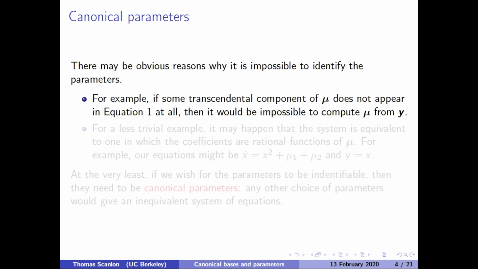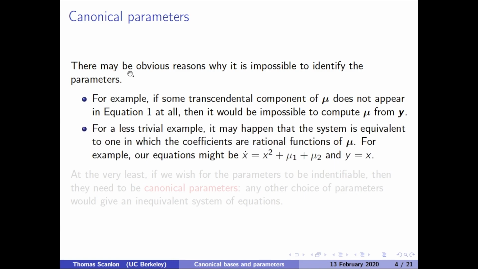But you could take the stupid reason and hide it. And one way you could hide the stupid reason is by having a system where really the coefficients are rational functions of the basic parameters, the mu. Okay? So here's just a silly example, although you can come up with much more complicated examples.